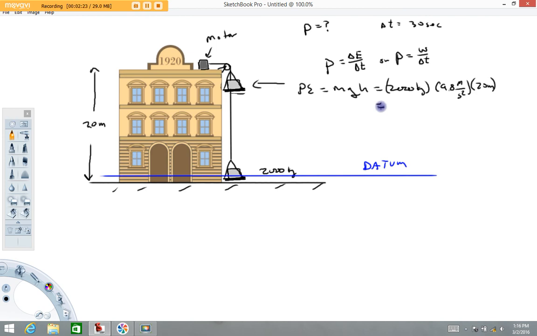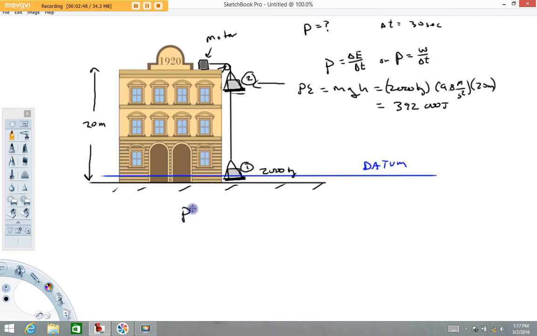I'm going to calculate a value. And I get 392,000 joules. That's the potential energy of the system here at position 2. And here is the system at position 1.